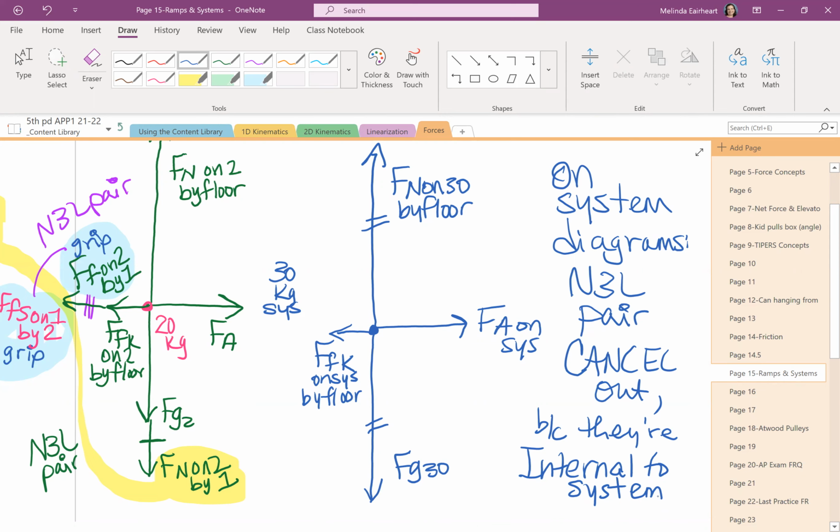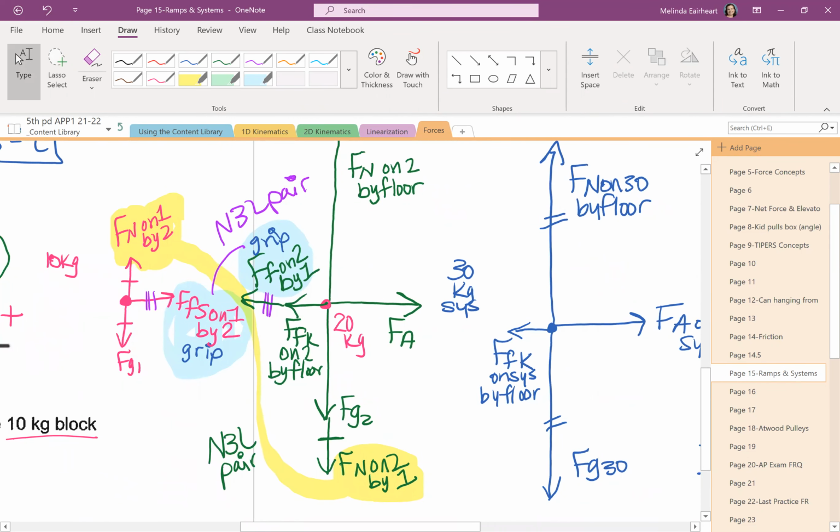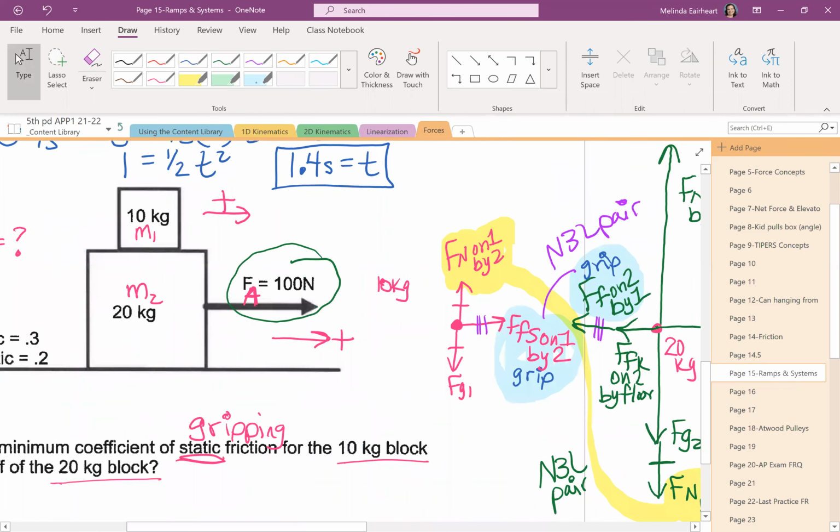Yes. The friction that I've highlighted in blue. So that frictional force, don't think of it as a kinetic slipping friction. It's the gripping friction between the 2 blocks.